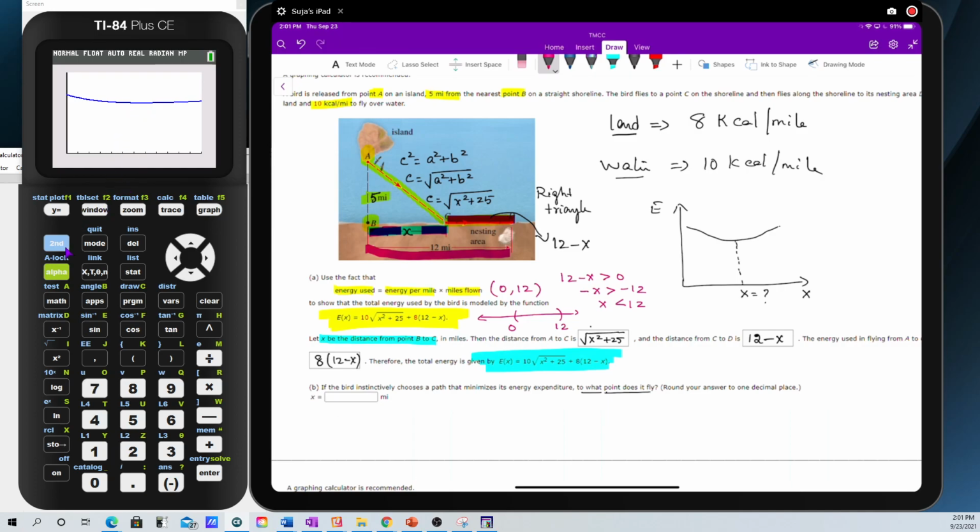Because it's asking me to round my answer to 1 decimal place, it's better for me to change my window setting, delta table set, to probably 0.1. And then also, I know that it has to start at 0, right? So if I go back to my graph, these are again adjustments that you can do depending on what you're looking for.